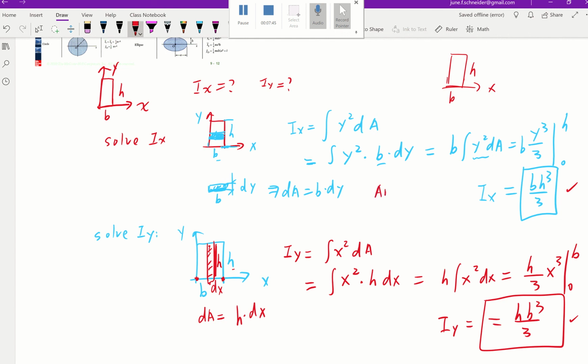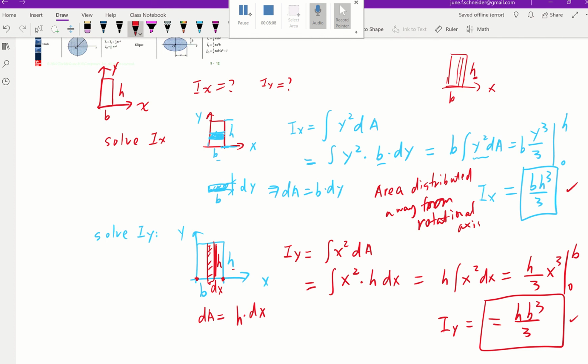Here I want you to pay attention and see the pattern. So with area distributed away, what is the major factor?